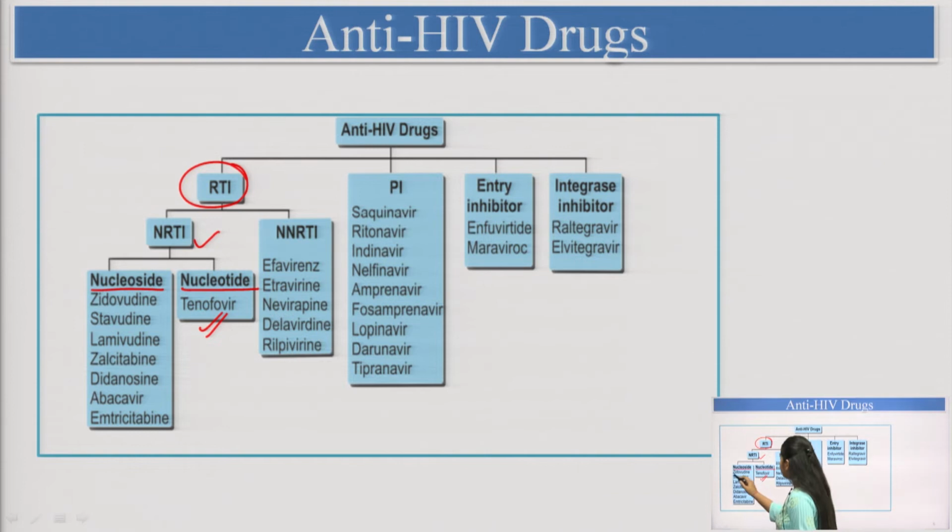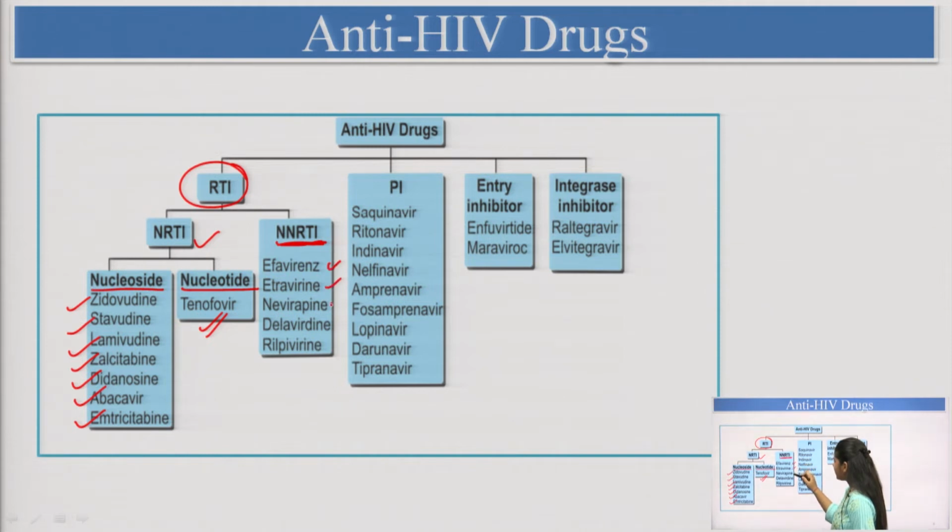Okay. So, zidovudine, stavudine, lamivudine, zalcitabine, didanosine, abacavir, emtricitabine. These are the drugs under nucleoside reverse transcriptase inhibitors. Under the nucleotide, tenofovir. Then we have non-nucleoside reverse transcriptase inhibitors. Okay. Under this, we have efavirenz, etravirine, nevirapine, delavirdine and rilpivirine.